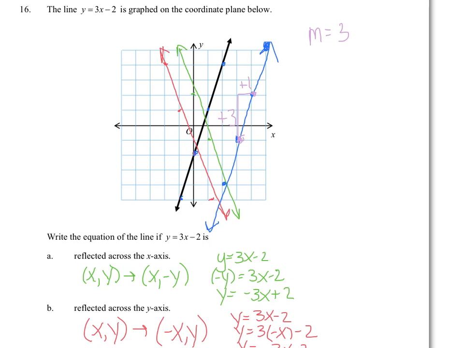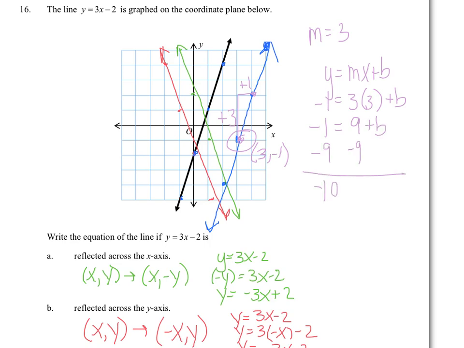I'm going to pick one. I'll pick this one, which is (3, negative 1). Well, y equals mx plus b. I'm going to plug in that negative 1 for y, 3 for m, 3 for x, plus b. Negative 1 equals 9 plus b. Take away 9. We have negative 10 equals b. So y equals 3x minus 10.